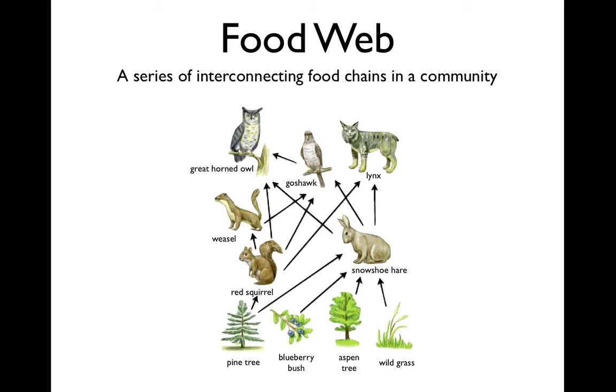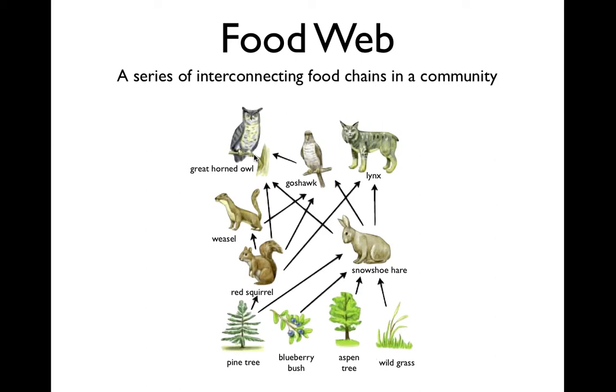So we see a couple of examples. Again, there's the pine tree, so the seeds from the pine tree, the red squirrel, the weasel, and then the goshawk, right? So this would go from here to the squirrel, to the weasel, to the goshawk. Now in this community, we notice that there's even something higher than a goshawk, right? A great horned owl. And the food web will change depending on the ecosystem.